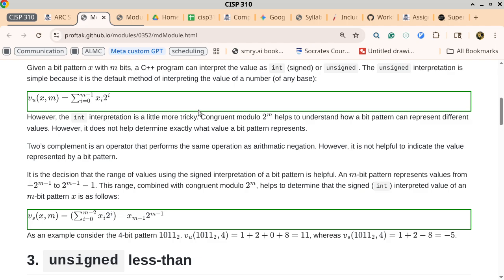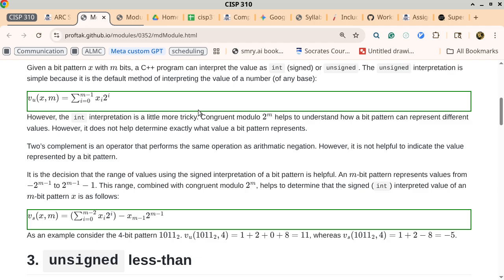The second one is a little bit tricky. It is VS of X, M, which means we are looking at the value interpreted signed. That's what the S is for. It is signed instead of unsigned. And we are also looking at the bit pattern X, and we only want to interpret up to M bits. So the parameters are specifying pretty much exactly the same thing, but the way we calculate is a little bit different.